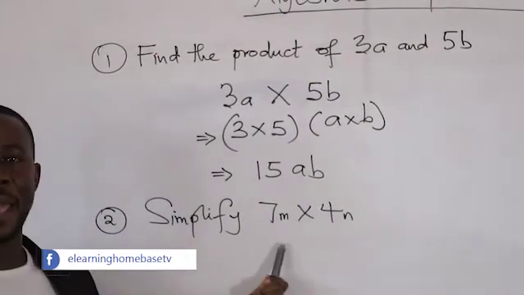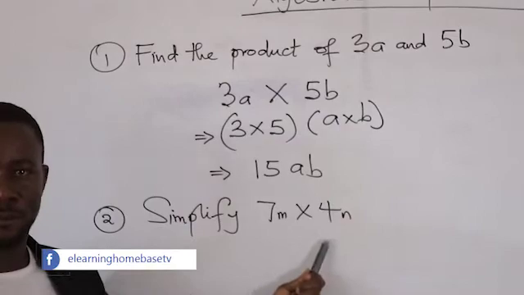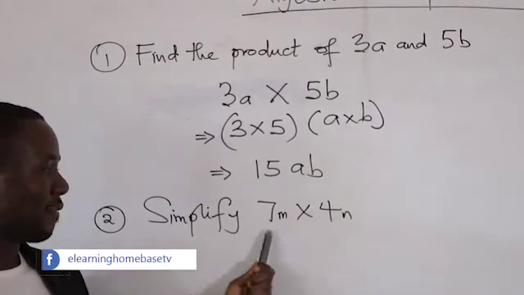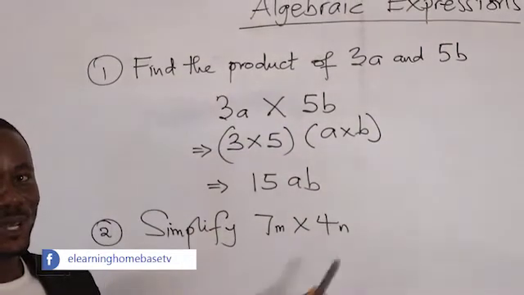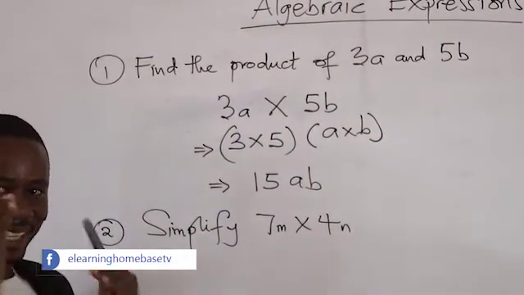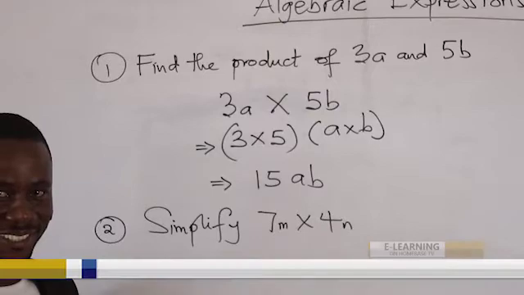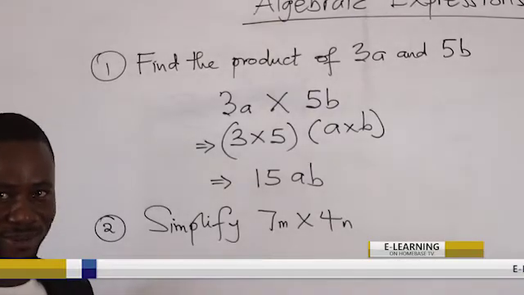Simplify 7m times 4n. Easily, number by number, variable by variable.